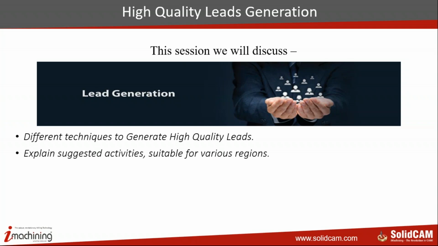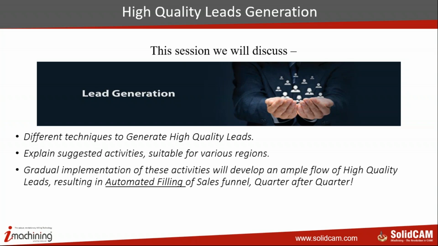Second, explain suggested activities suitable for various regions. Every region has different circumstances, so we'll be discussing what techniques are applicable to different regions, and suggestions would be given. Third, gradual implementation of these activities will develop an ample flow of high quality leads, resulting in an automated flow of the sales funnel quarter after quarter.